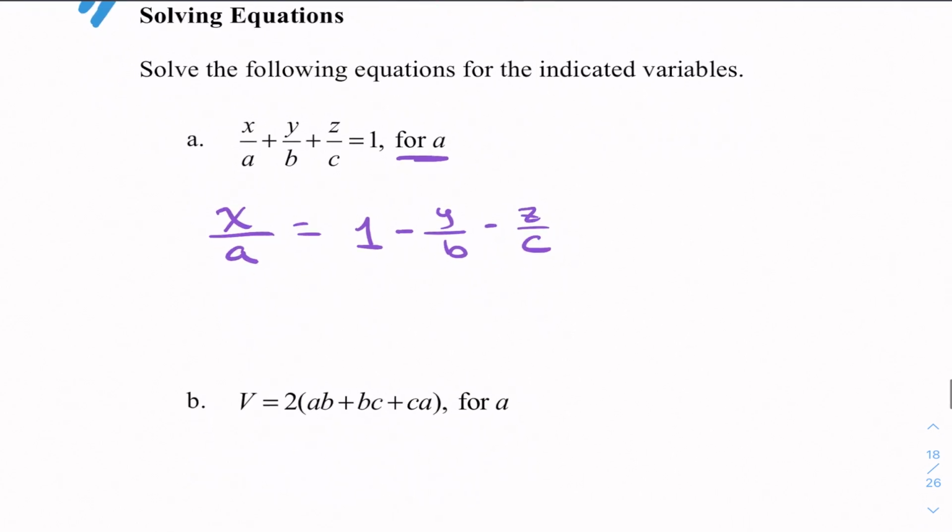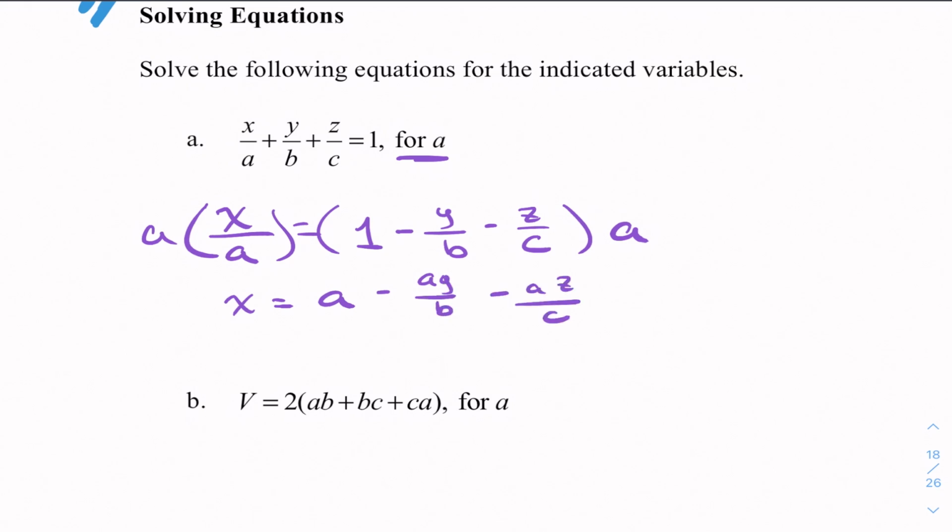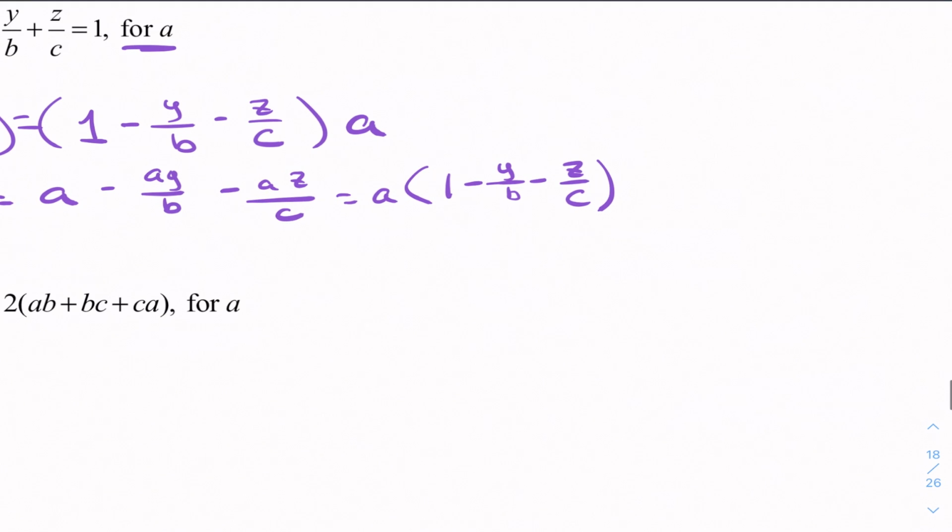Now I can multiply both sides by a, which would give me x equals 1 times a is a minus ay over b minus az over c. Well, the GCF, if we wanted to, is just simply keeping that a factored out: a times 1 minus y over b minus z over c. That's all equal to x.